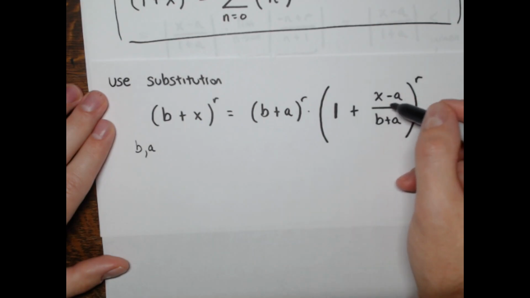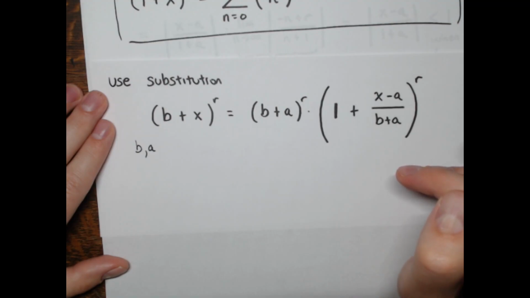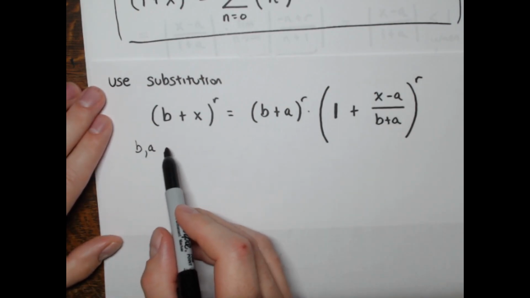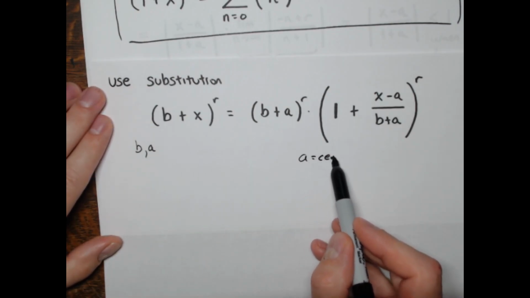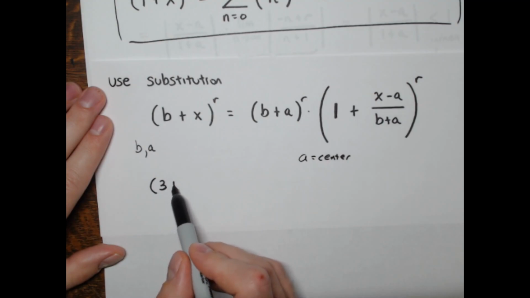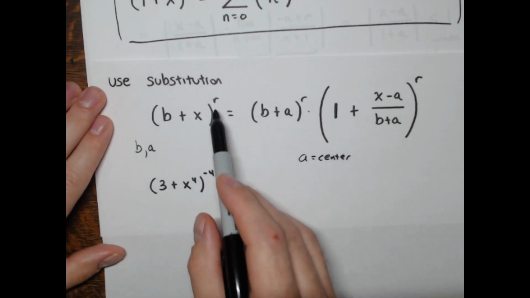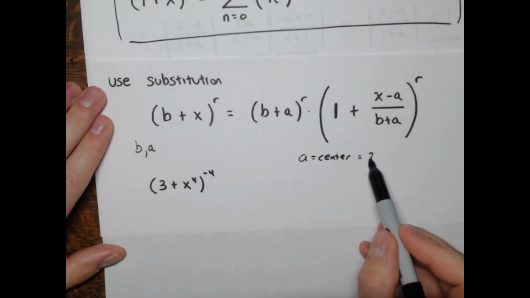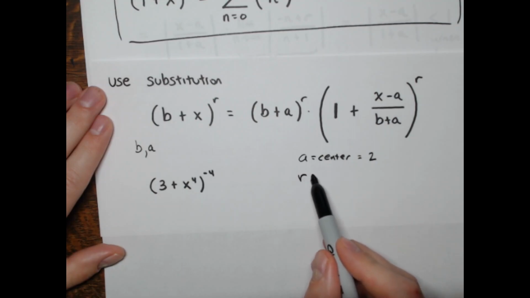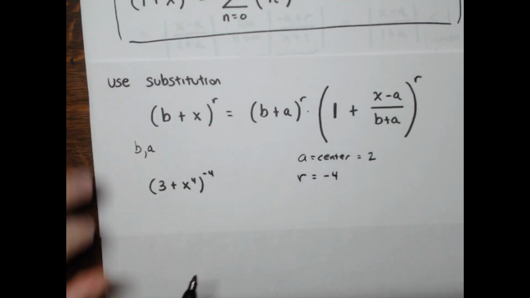So a equals the center, and then this r, our function was 3 plus x to the fourth, to the negative fourth. r is this power here. So a is the center, which we want to be 2. And r is the power on our binomial, negative 4.